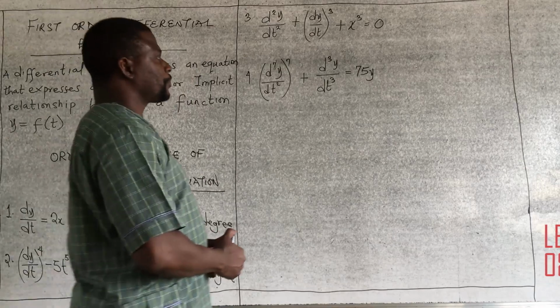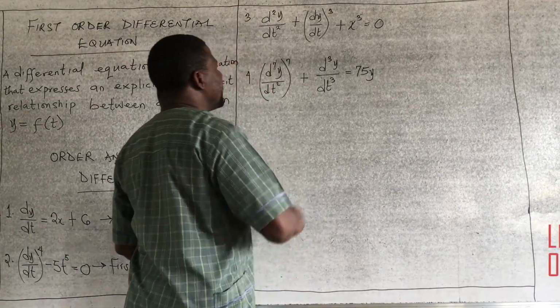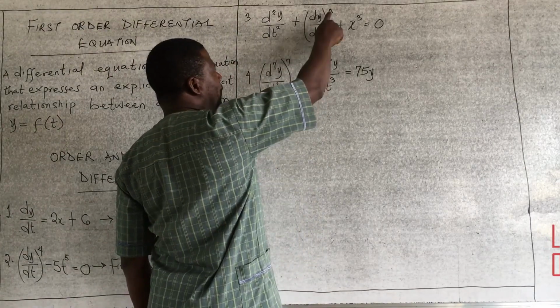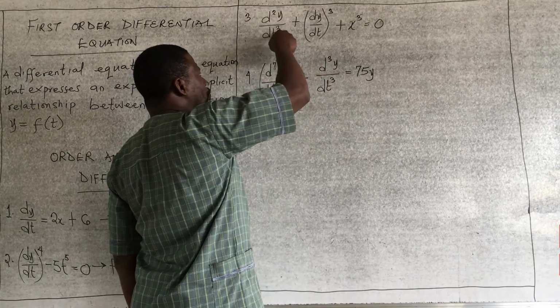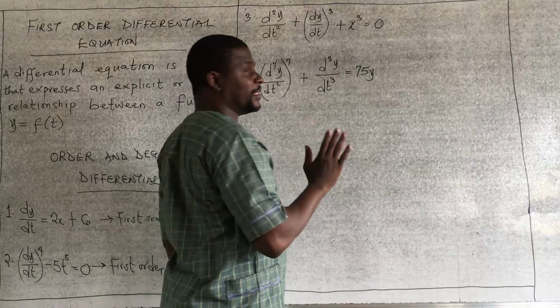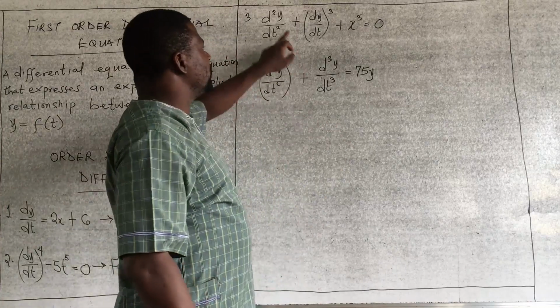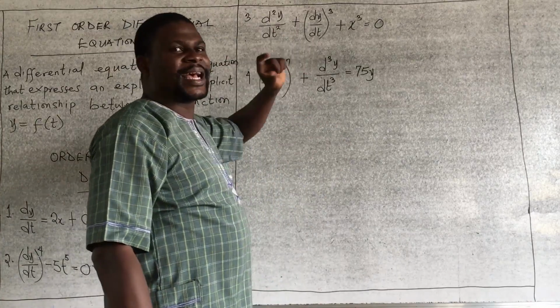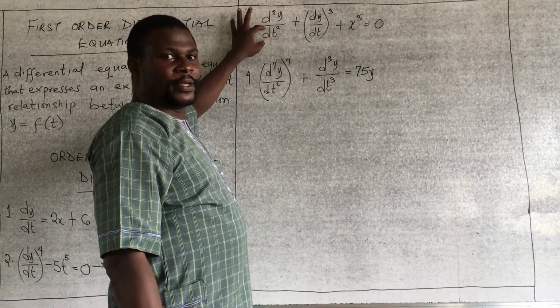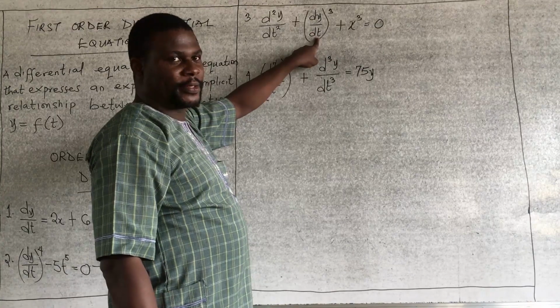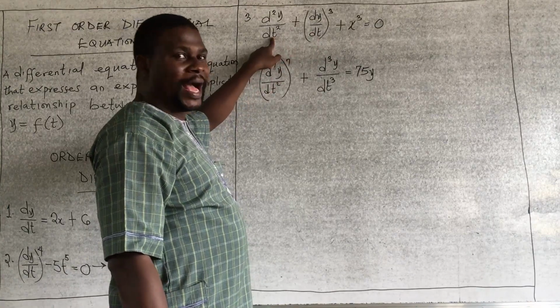Let's look at this one. Now you will see that here I have dy dt raised to power 3. Then I also have the square y dt squared, not raised to power anything. Out of this one and this one, the one that carries the highest order is the square y dt squared. So I will leave this one and go to this one. Why?